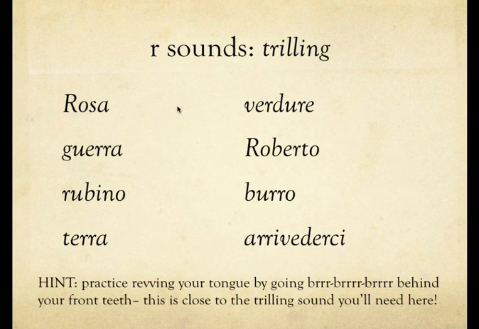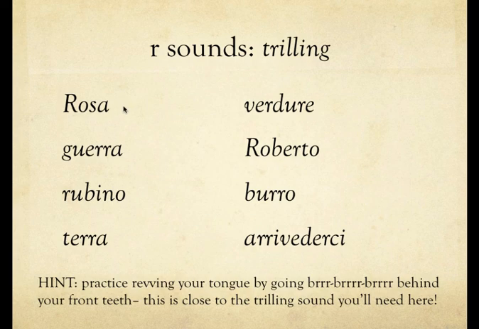Okay, so the rolling R, you can practice by revving your tongue and going brrr, brrr, like you're a little kid with your play car, listening to the engine go. And the trilling happens behind your front teeth, so we'll be practicing this. But let's give it a go here with these words.